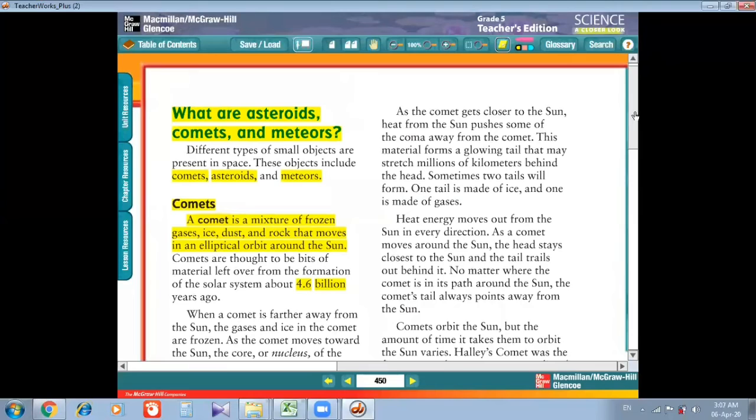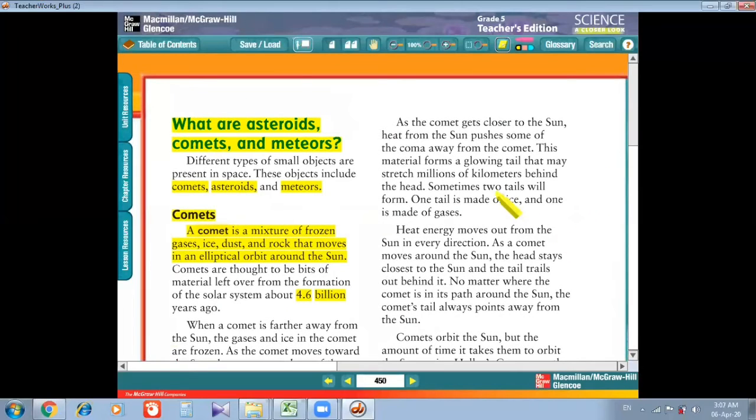Now as we move on to the second column, as the comet gets closer to the sun, heat from the sun pushes some of the coma away from the comet. Now when the comet moves close to the sun, the rays and heat from the sun push some of the coma away from the comet. This material forms a glowing tail that may stretch millions of kilometers behind the head.